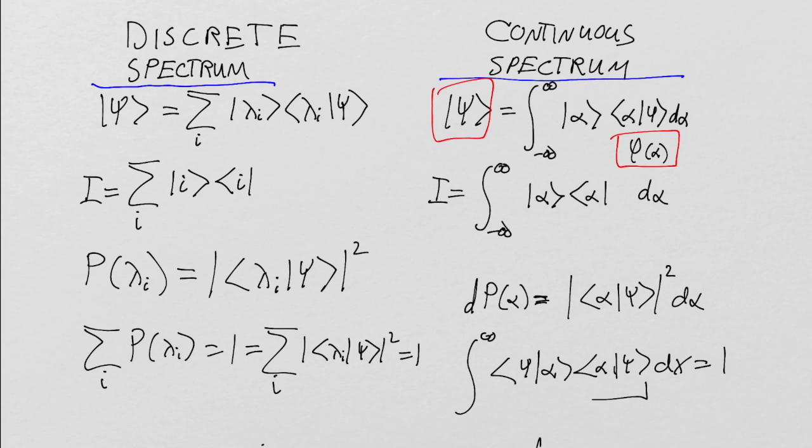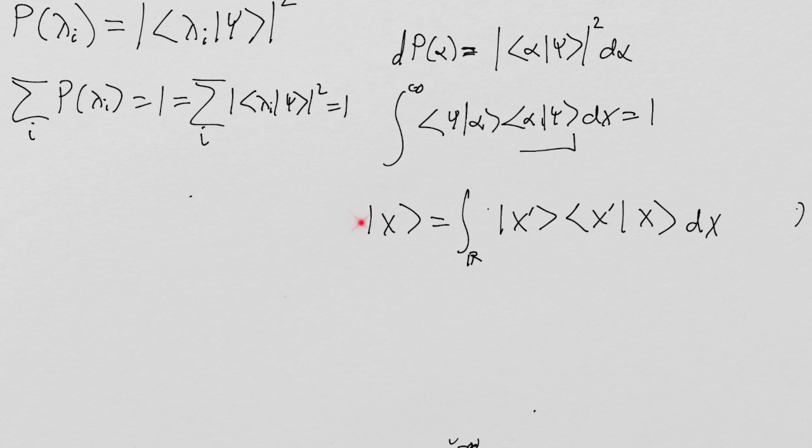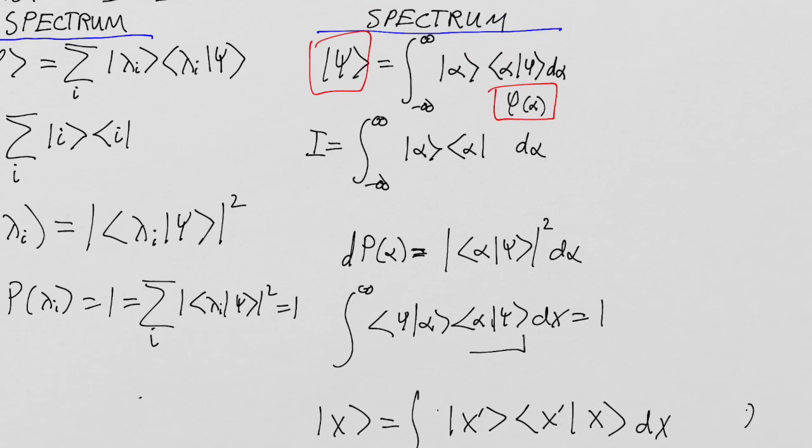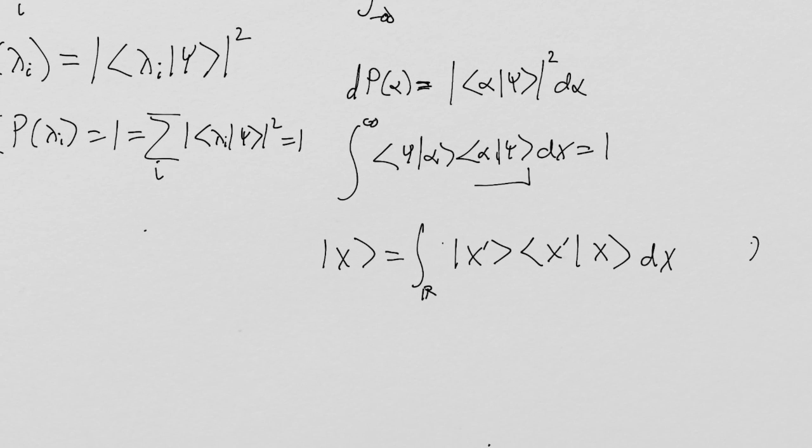All right, so before I go, I want to make sure we cover this last important topic here. Let's take a look at this continuous spectrum case up here, right, where any state psi is expressible in a continuous basis with a wave function tacked on. So let's apply that logic to the state ket x itself, right? So if you just replace psi up here with the position eigenket, and we choose as our basis states the position eigenbasis, right?